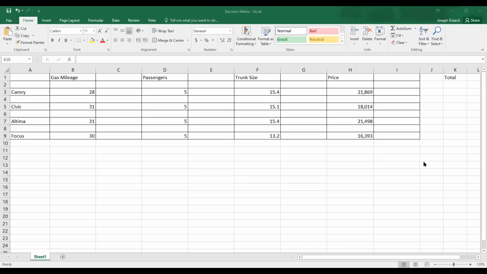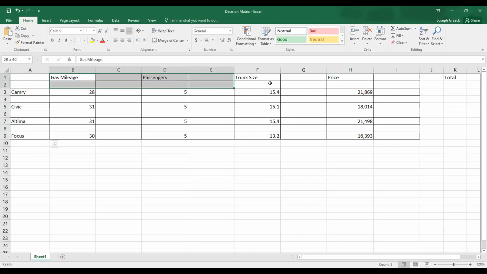So let's say that you as an individual or you as a household, your family, decide you want to buy another car. You want a mid-size to compact car to do most of the traveling or the errands in and around town. So you come up with that certain class of car, and here we've come up with 4 alternatives: Toyota Camry, Honda Civic, Nissan Altima, Ford Focus.